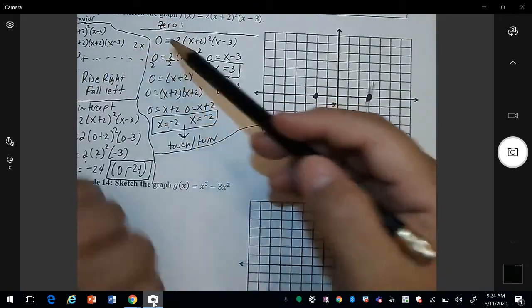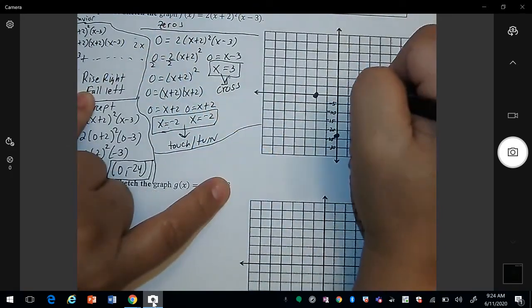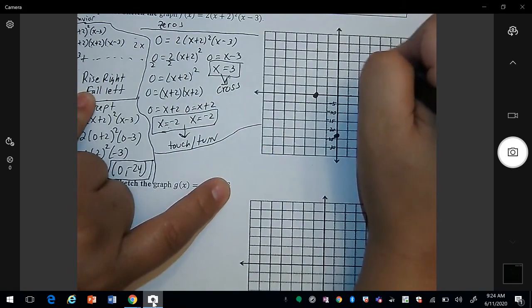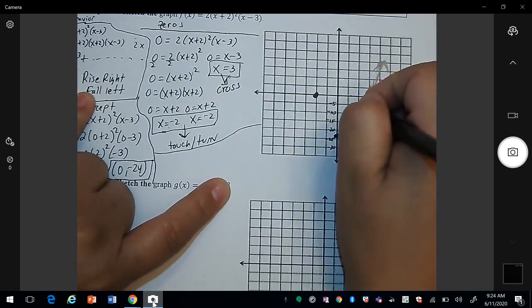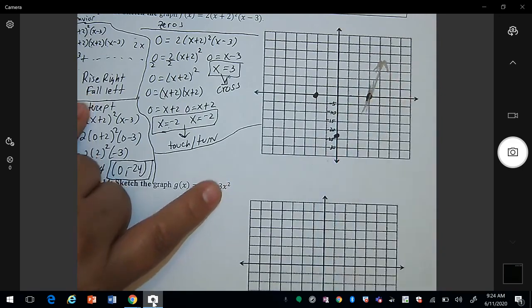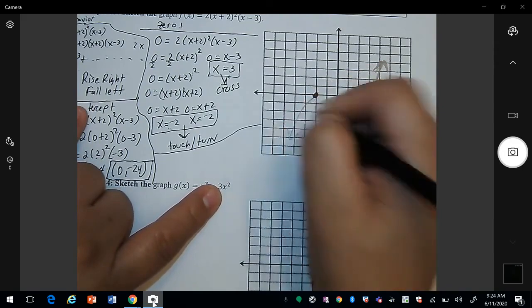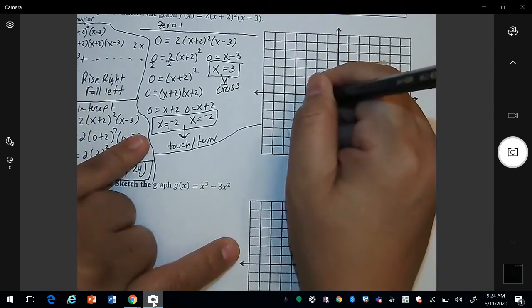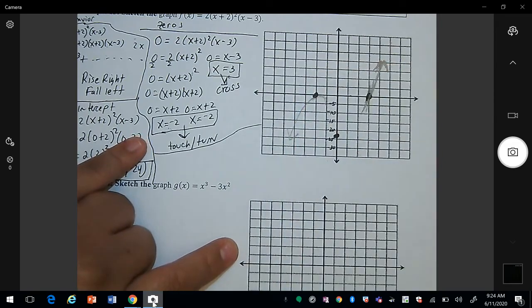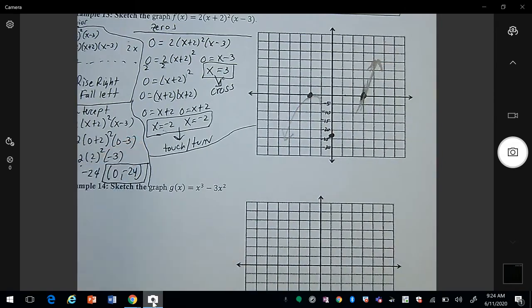So the end behavior is it rises to the right. So that's going to go up like this, and it crosses, so it comes down. And then to the left, it's going to fall left. So this graph is going to come this way. And at x equals negative 2, we know that the graph touches. So it's going to be going something like that.